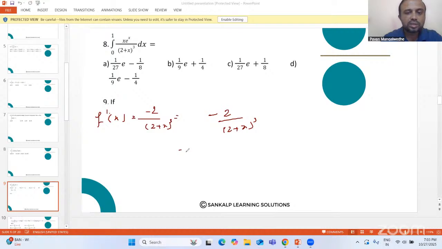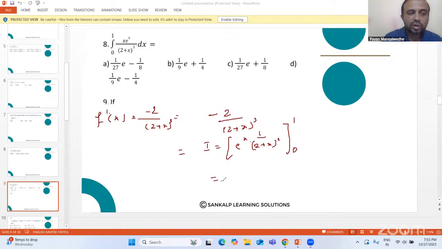So evaluating this integral between 0 to 1, it is e raised to x into 1 by (2 plus x) the whole square, because already we derived that, from 0 to 1.